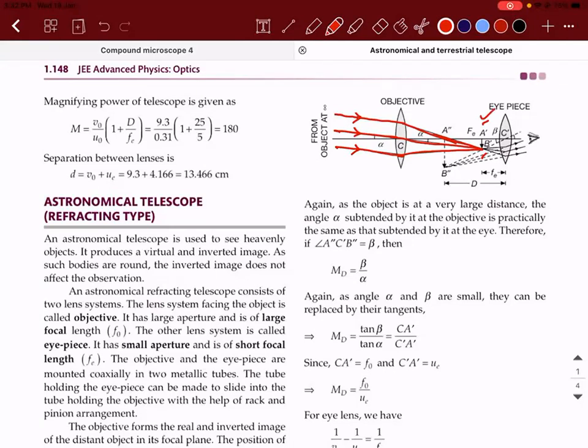This A dash B dash should be a real image with respect to the objective, and A dash B dash should act as an object for the eyepiece. It should be positioned between FE and C dash, in such a way that the final image is produced at A double dash and B double dash, which is at the least distance of distinct vision from the eyepiece.